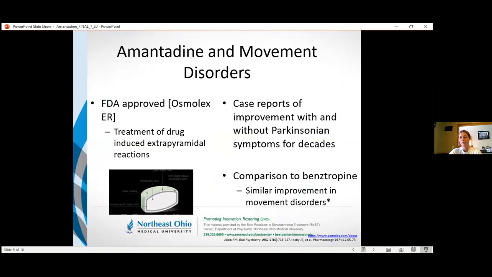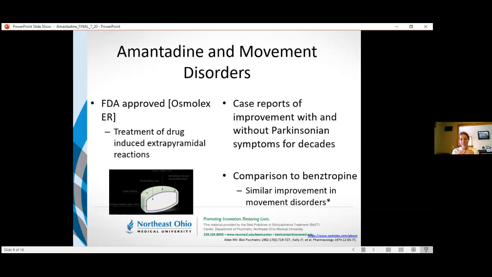I just wanted to point out one thing: a number of our other amantadine preparations are immediate release, so patients may see a pretty significant peak. If patients have trouble with that, it could be problematic for them at times. The Osmolex ER uses what they call OROS technology.